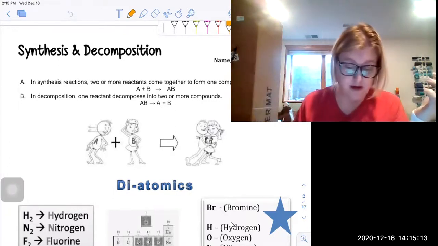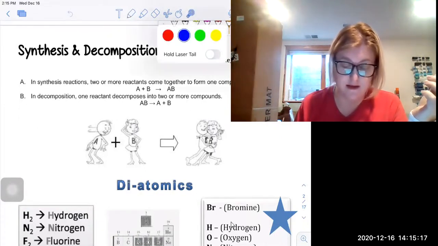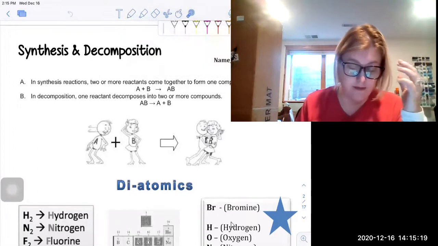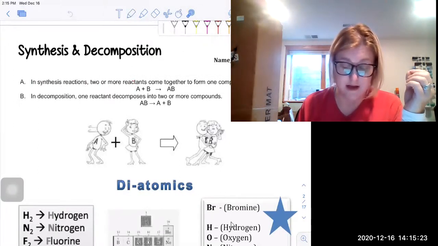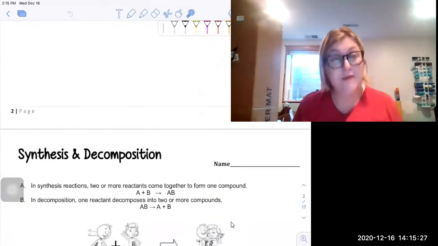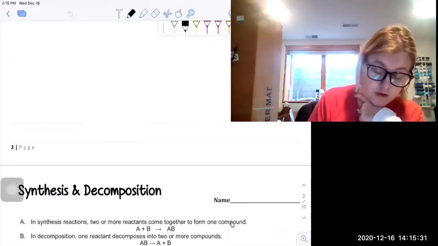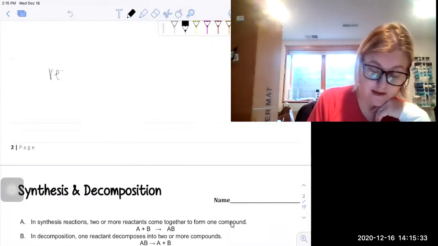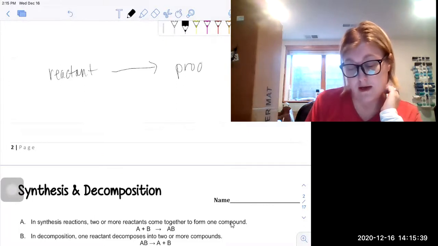In a synthesis reaction, 2 or more reactants come together to form one compound. Some vocabulary that you need to know: you have the reactants on one side, and then the arrow points to the products.